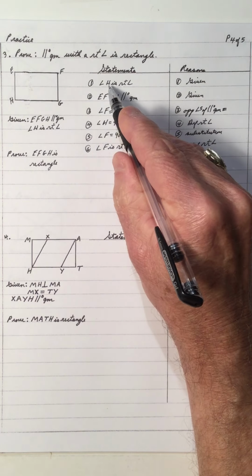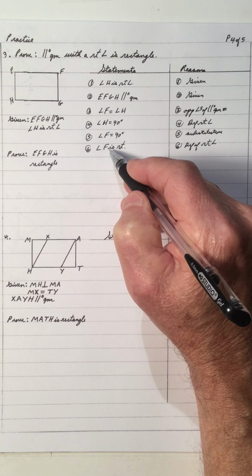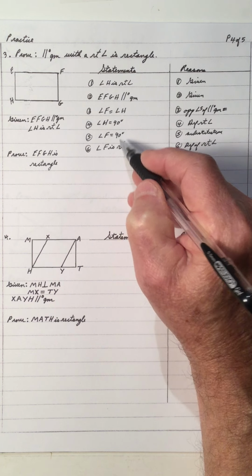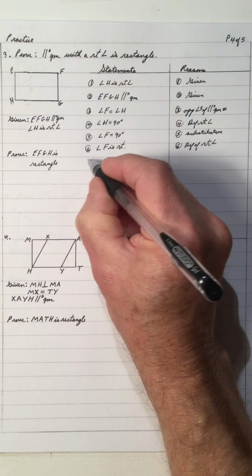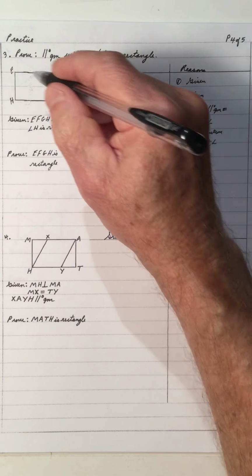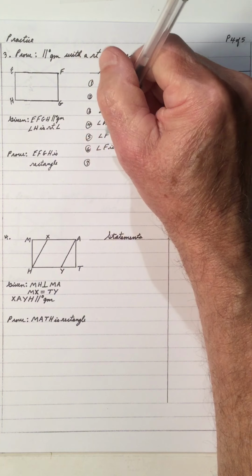So now I have one right angle at H, I have another right angle at F. How am I going to get another right angle? We got H and F, so I need to get one more.